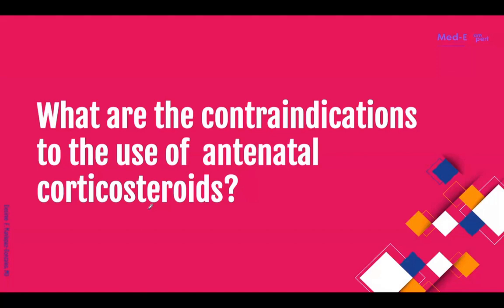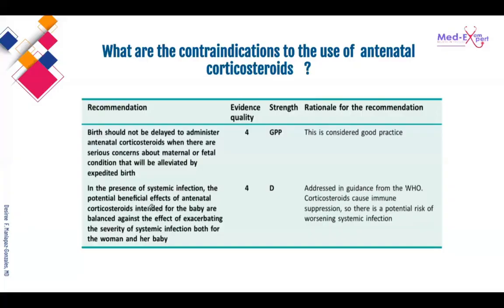For example, the patient comes in with placenta accreta, right? So you don't delay the delivery. Even if you were not able to give the steroids, you deliver the baby right away. So the birth should not be delayed in order to administer antenatal corticosteroids when there are serious concerns about maternal and fetal conditions.